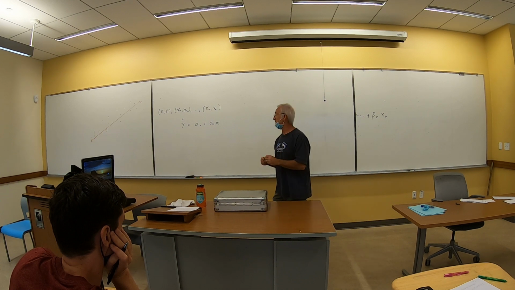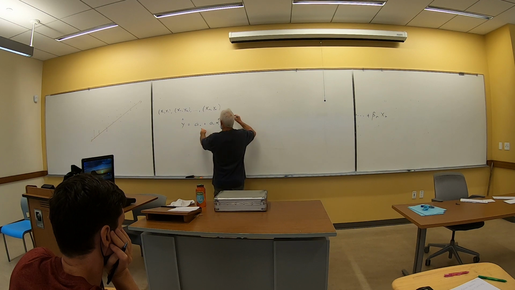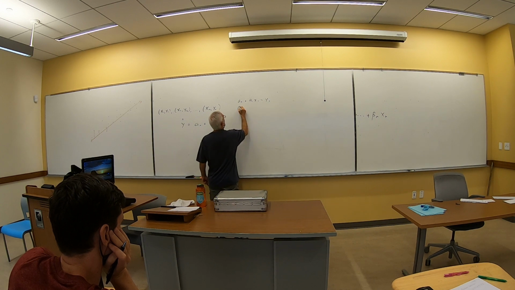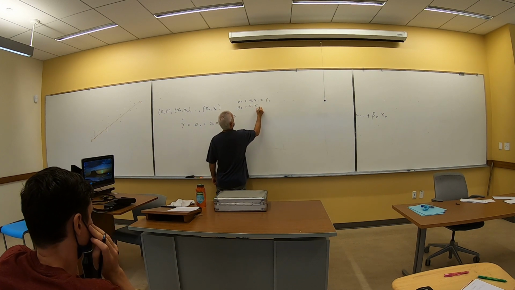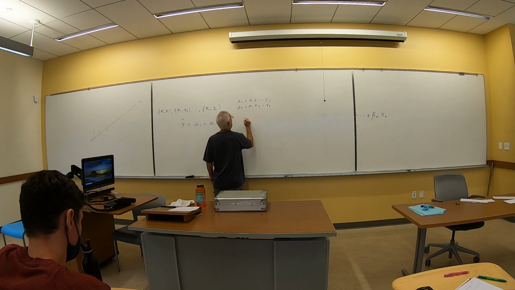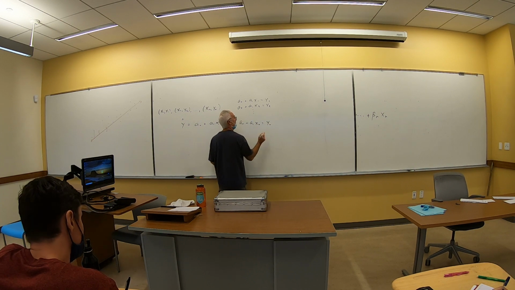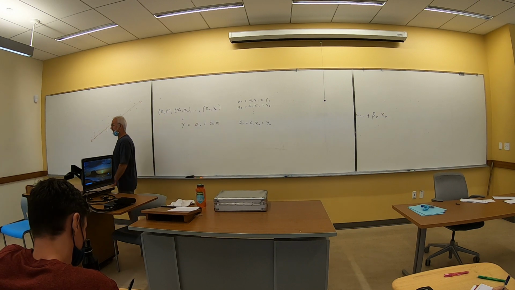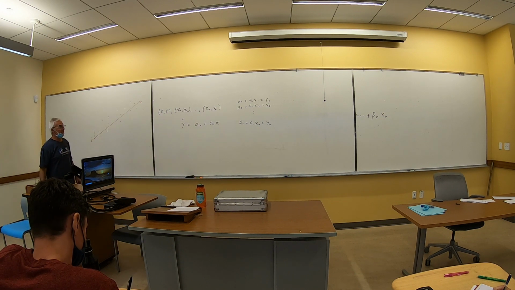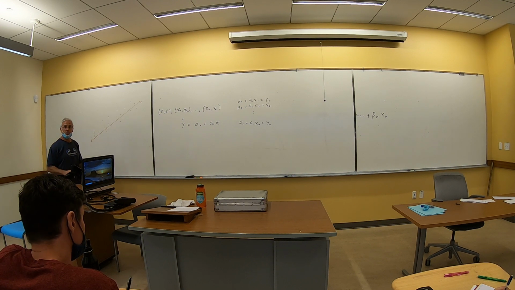We know the x's and y's, so what I'm going to get is a bunch of equations. I'll write it in this form. A0 plus A1 x1 equals y1. A0 plus A1 x2 equals y2, all the way down to A0 plus A1 xn equals yn. I'm going to get n linear equations. I'm not trying to find the x's and the y's. I know those. I'm trying to find the A0 and A1.